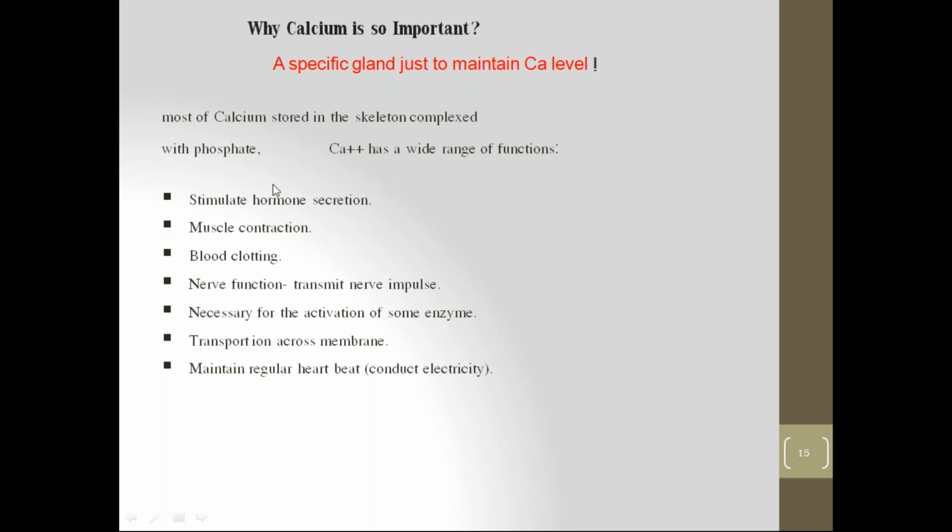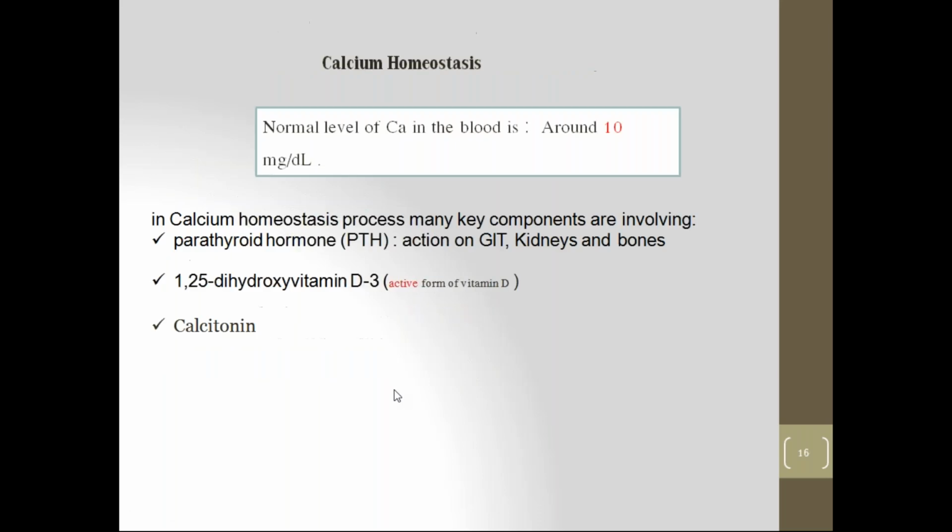Calcium has a wide range of functions: it stimulates hormone secretion, muscle contraction, and helps in blood clotting. It helps in transmission of impulses and nerve conduction, is necessary for the activation of some enzymes, acts as a transport ion across membranes, and maintains regular heartbeat and conducts electricity. For calcium homeostasis, the normal level of calcium in the blood is around 10 mg per dL.